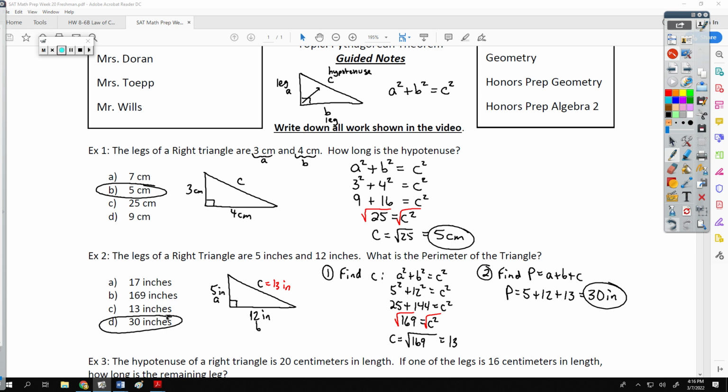Answer is D. So again, that's the kind of question we're going to be seeing here. We're looking at a 1 or 2 step question based on the Pythagorean theorem. Again, the Pythagorean theorem states that we square the legs, we add them together, and that is equal to the square of the hypotenuse.